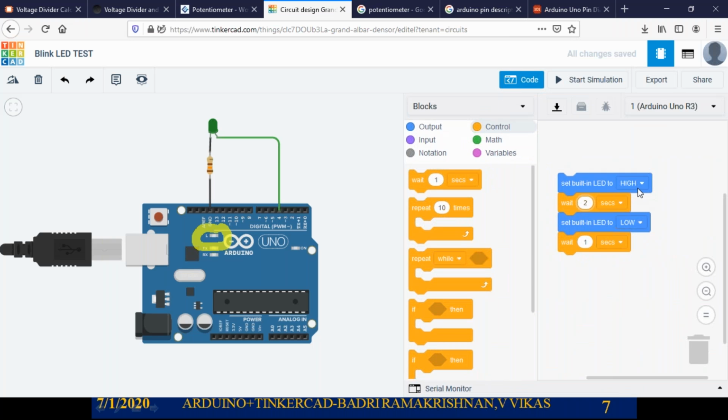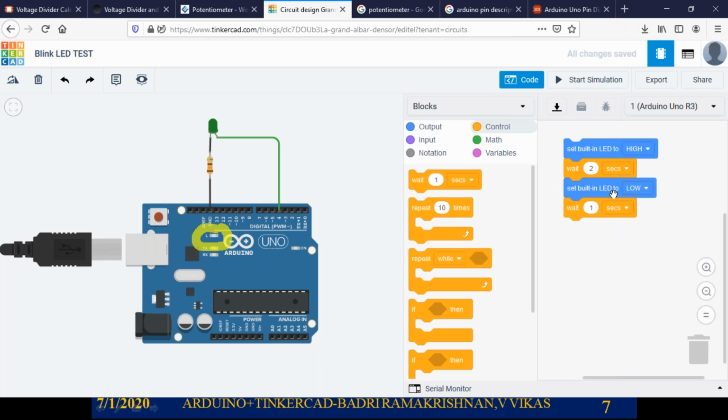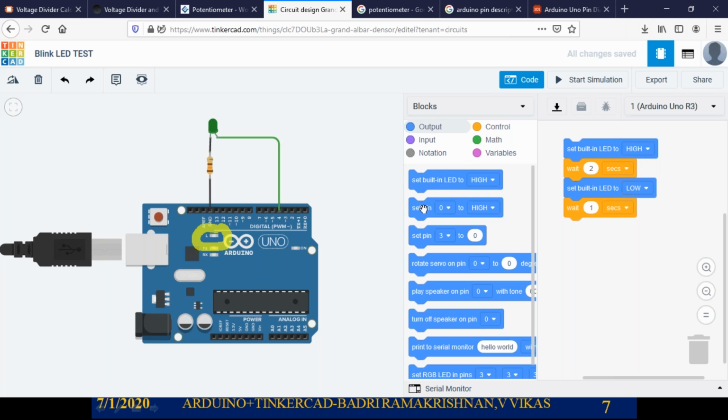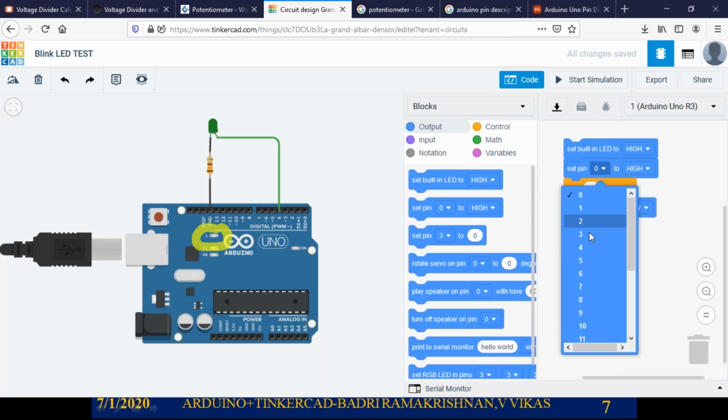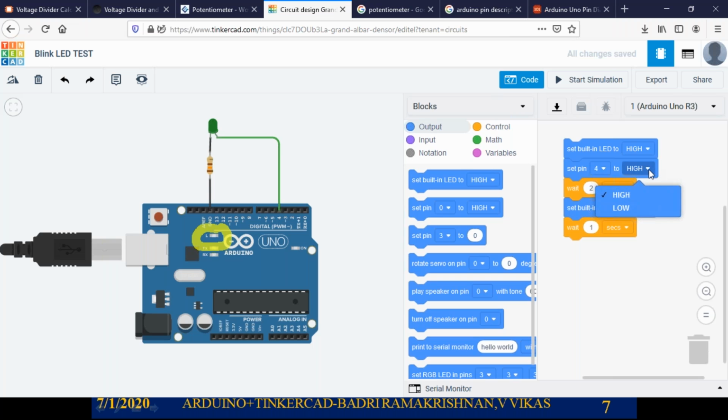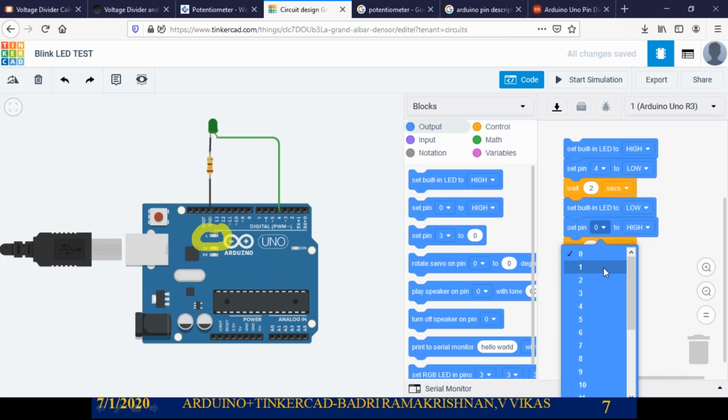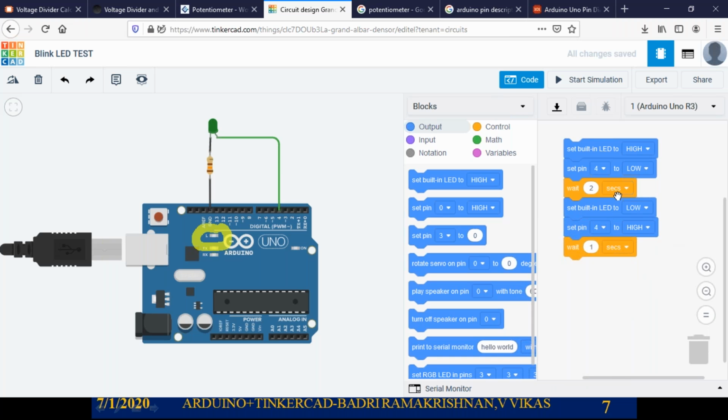Again I need to change the code, right? I cannot say set built-in LED, but I need to say something else, or maybe I can keep this one as it is and bring something else, set pin. Which pin? The fourth pin. We will do the reverse: whenever this built-in LED is on, we will make this one off. I hope you understood the logic.